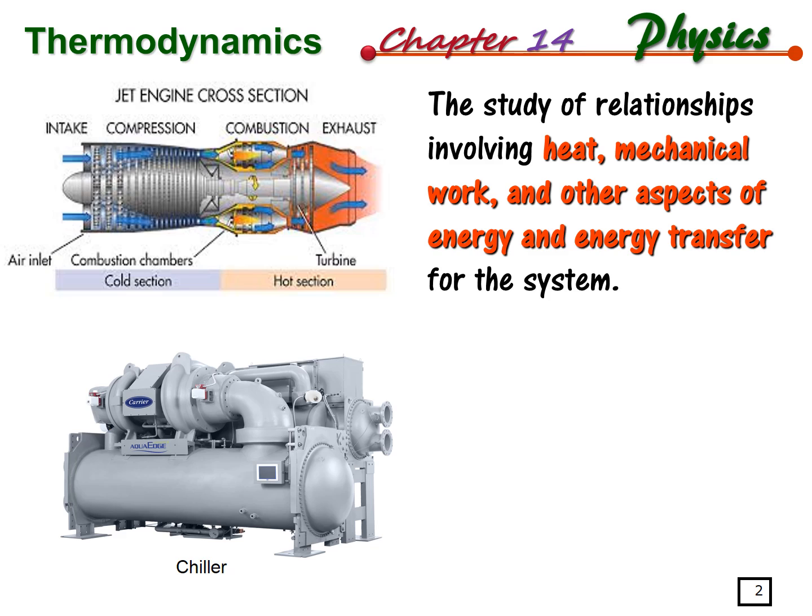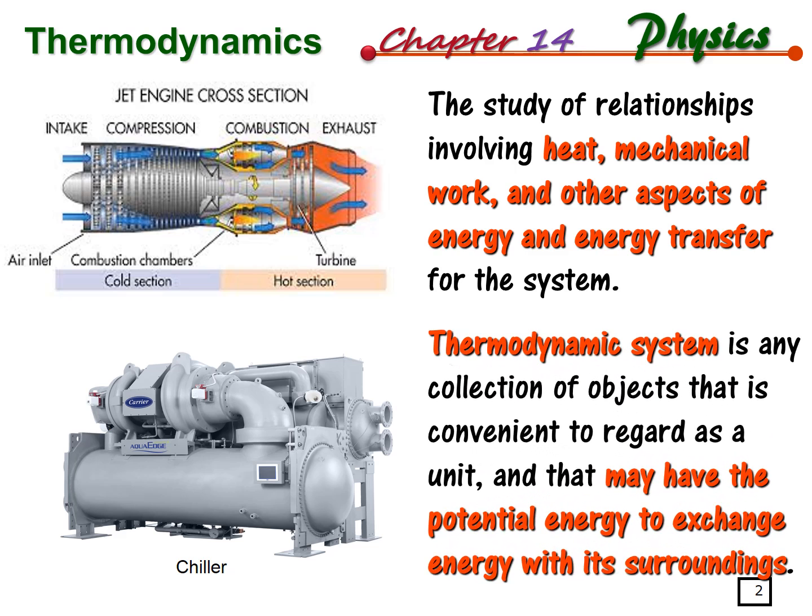Other examples of thermodynamic systems, such as popcorn, are also thermodynamic systems. Our body is also a thermodynamic system. So actually, what is a thermodynamic system? A thermodynamic system is any collection of objects that is convenient to regard as a unit, and may have the potential energy to exchange energy with its surroundings.